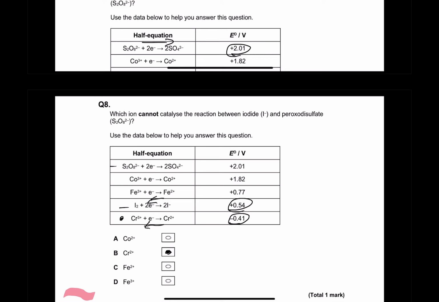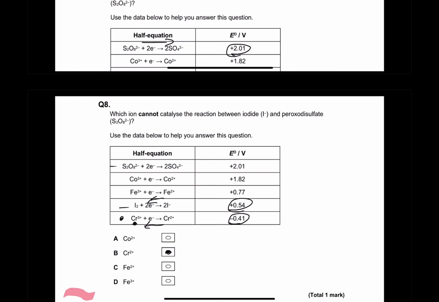Therefore, Cr2 plus could, but Cr3, sorry, I meant to say here that this Cr3 plus could, but Cr2 plus can't, right?